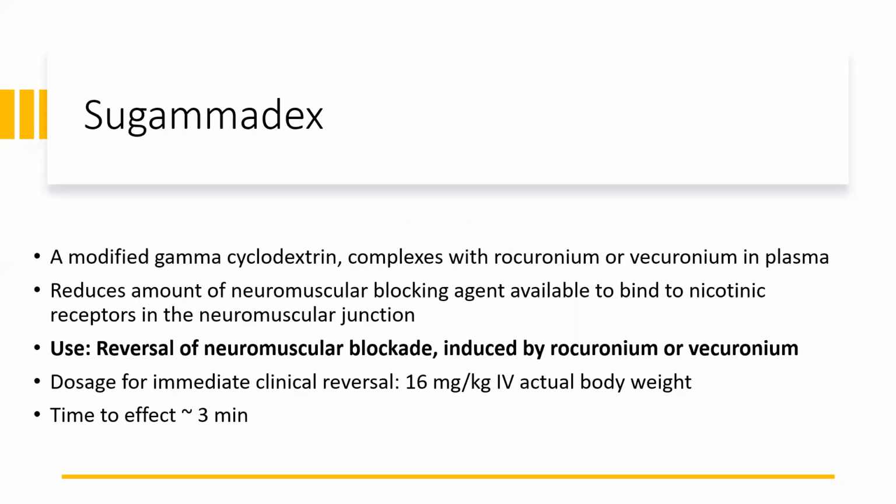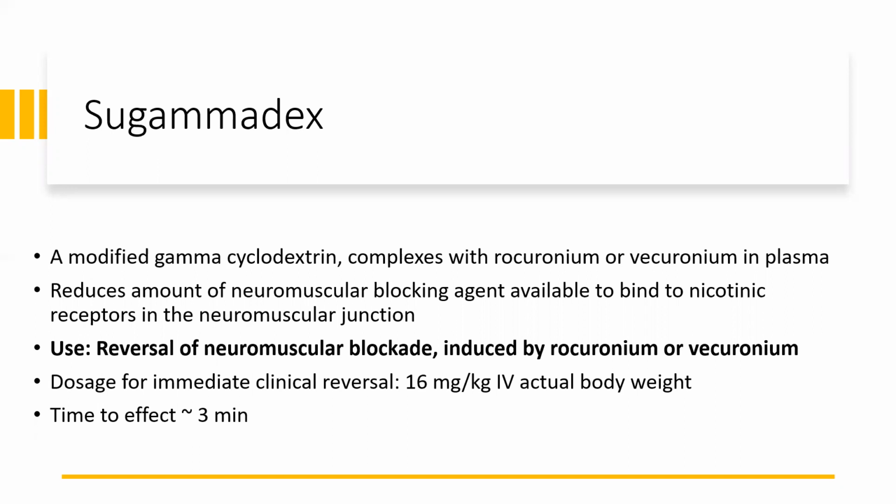Sugammadex is the reversal agent for rocuronium. Now, this medicine is really great when you have a ROC or VEC infusion in the operating room, you've paralyzed a patient for general anesthesia, and you want to slowly remove their paralysis. You're following a train of 4. This medicine is great for them because it binds to the paralytic that they've given, and over the course of time reduces the availability of the ROC or VEC to bind at the neuromuscular junction.